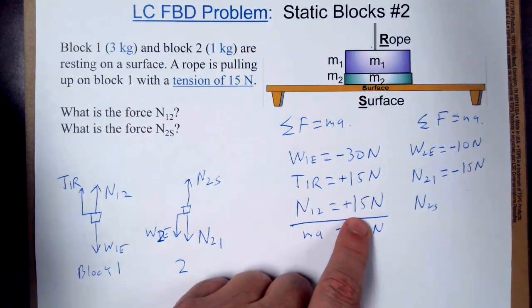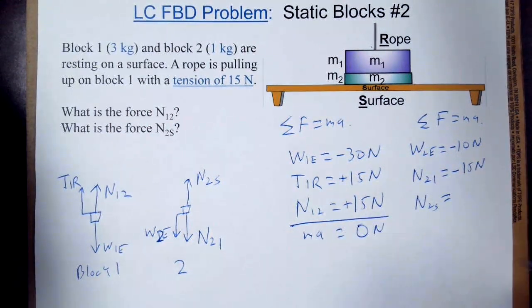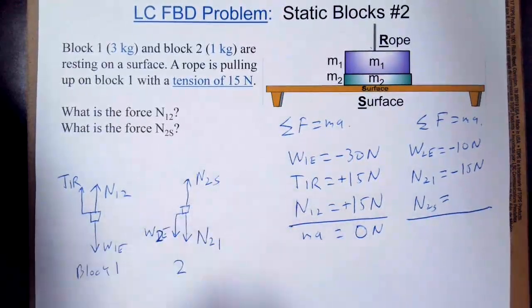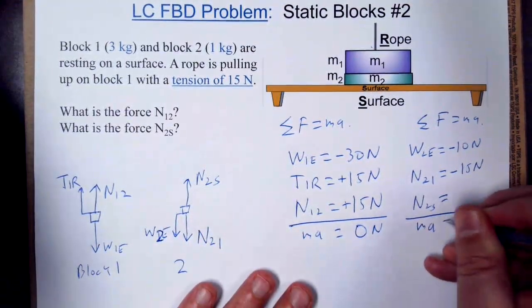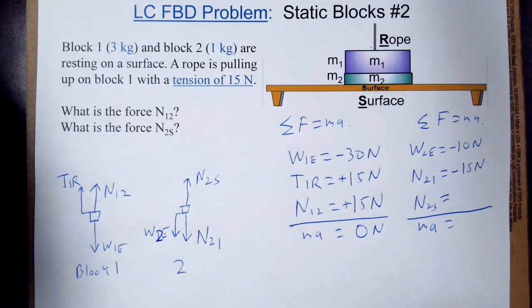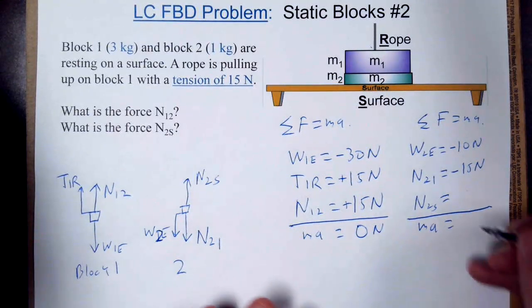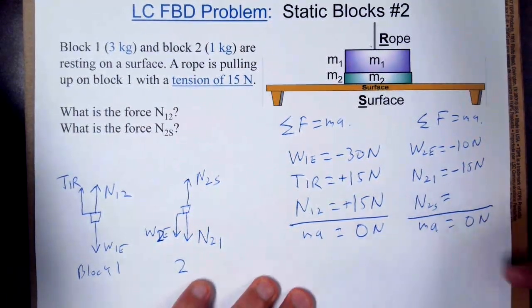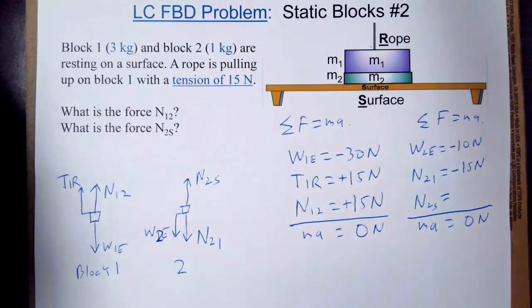If we know N_12, then N_21 is the negative of N_12. For N_2s, we don't know that yet, but if we add them up, that is equal to the mass times the acceleration. Again, our blocks are at rest, so the mass times acceleration is 0, so the total adds up to 0 newtons.